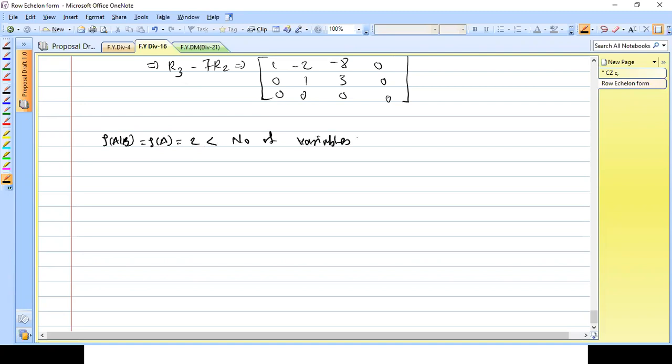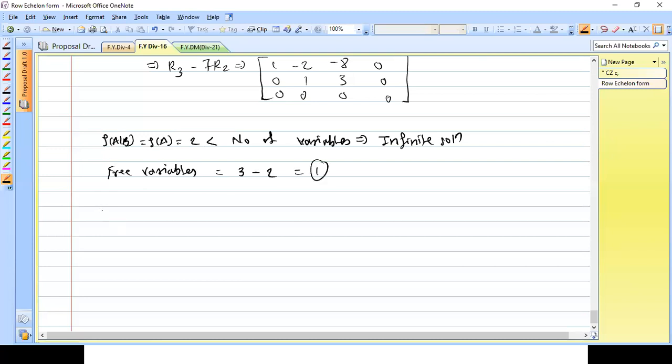So this implies what? Infinite solution. For infinite solution, you have free variables. How many free variables you have? 1, sir. Number of variables minus rank, that is nothing but 1.